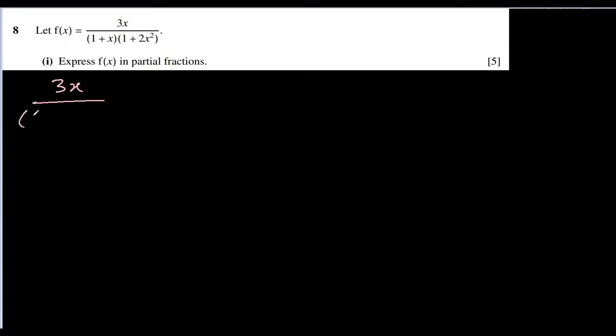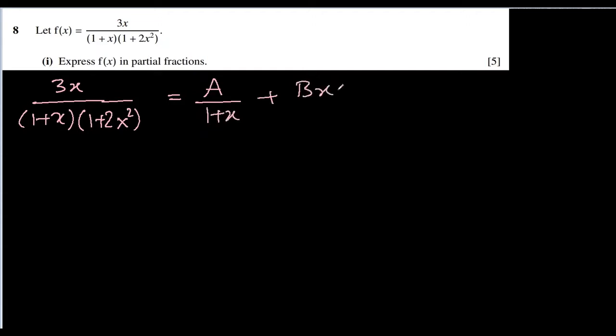3x over 1 plus x times 1 plus 2x square, and assume it to be equal to A over 1 plus x plus bx plus c over 1 plus 2x square, because the degree here is 2, so we will get 2 parts here.